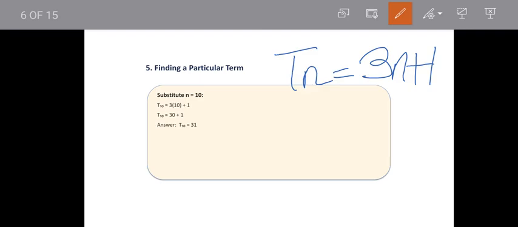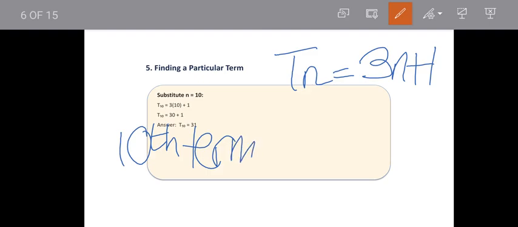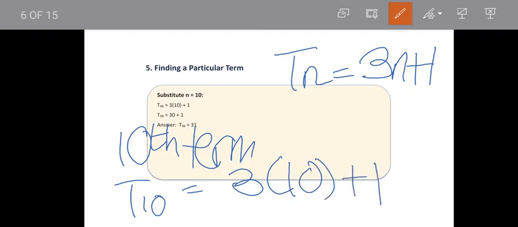And let's say that you are told to find the 10th term using this same sequence. Where there is an n, you're going to put 10. So it becomes T10 is equal to 3 times 10 plus 1. So 10 times 3, that is 30, plus 1, that is 31. So our answer is now going to be 31.